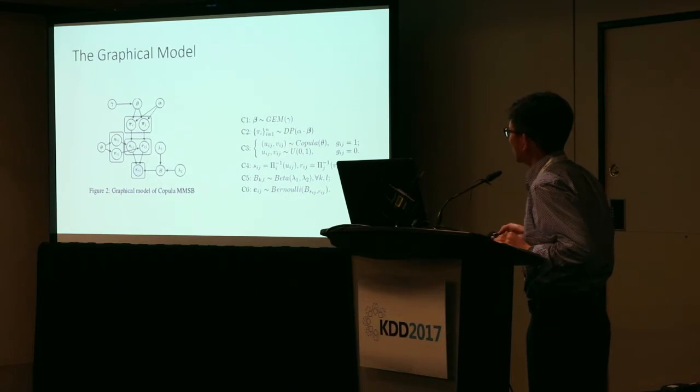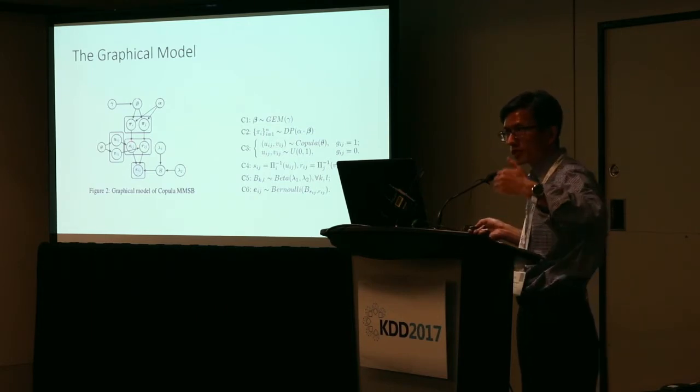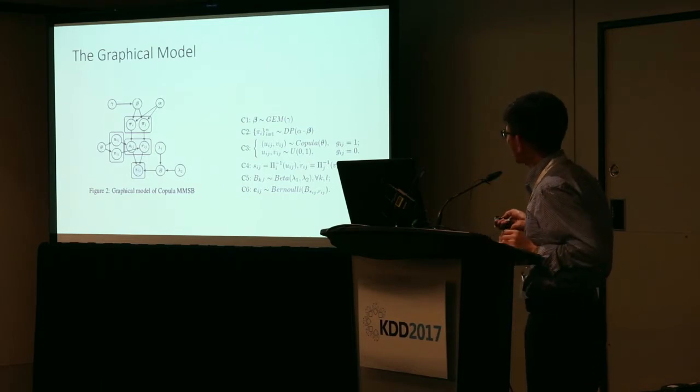The key thing we changed in the basic MMSB is to add this part: we assume that nodes i and j could belong to the same community, and they follow a certain distribution that can be described by a copula function. This indicates they are partially correlated.